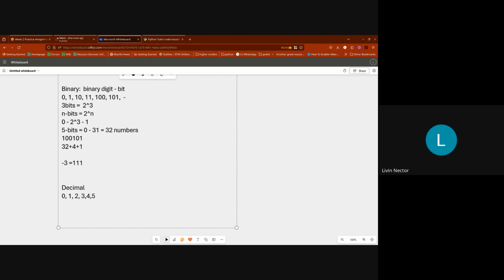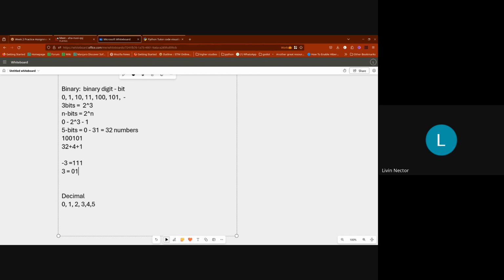What my convention says is that this first bit will be used to represent the sign. Since the sign can be either minus or plus, there are 2 values, so 1 bit is enough to represent them. So this will be minus 3 and this will be 3.